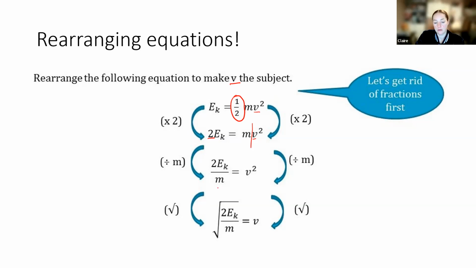Okay, so now we have our rearranged equation. Okay, so that is probably the most complicated rearranging that you will have to do, with making v the subject, or extension squared, or extension for elastic potential. Okay, so I thought I'd just go over that because you may need it.